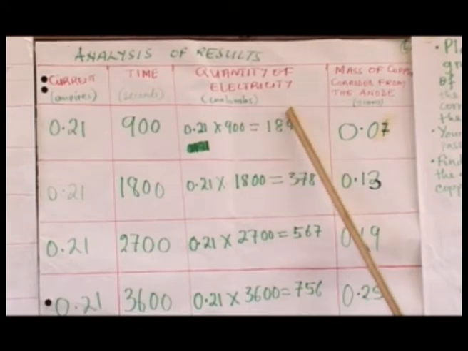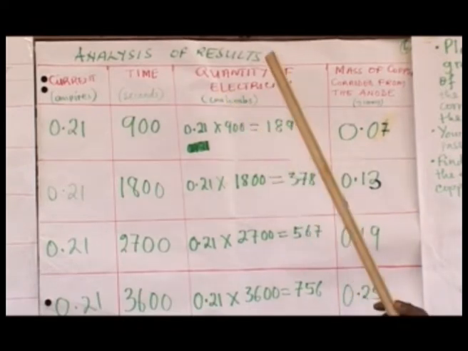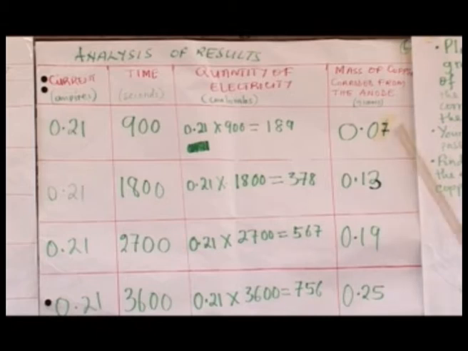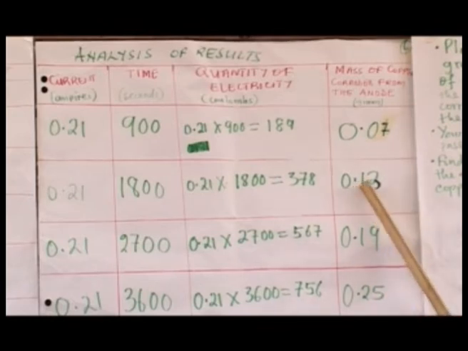And coulombs are the quantity of electricity supplied. In the first experiment, the first 15 minutes, 0.07 grams of the anode were corroded. And you can see up to the 4 experiments how the anode was being corroded and the masses which were being lost.